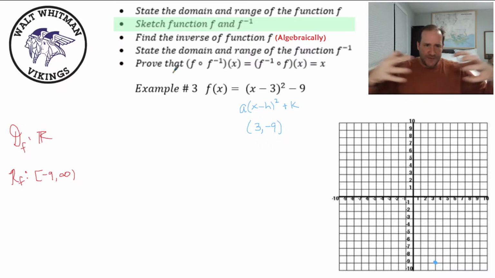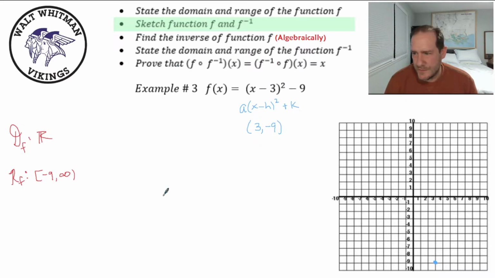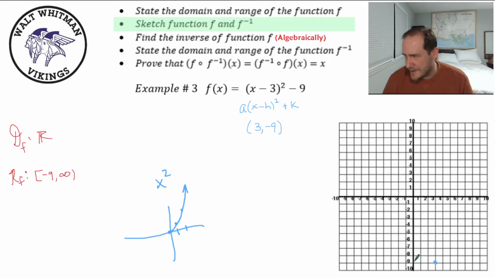So we haven't been stretched horizontally, we haven't been stretched vertically, which means the normal rules for x squared would apply. What do I mean by that? You'd normally be at 0, 0. Then if you go over 1, you'd go up to 1. You'd plot 1, 1. If you go over to 2, you'd be up 4. And so we could take that same pattern and plot it. So over 1, up 1 is a safe bet. Over 2, up 4 is a safe bet.